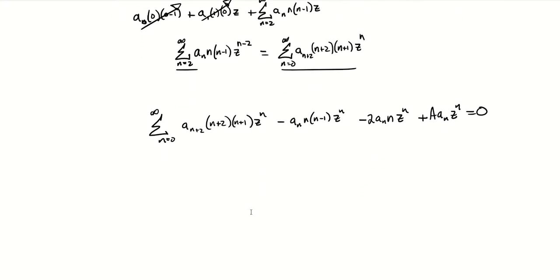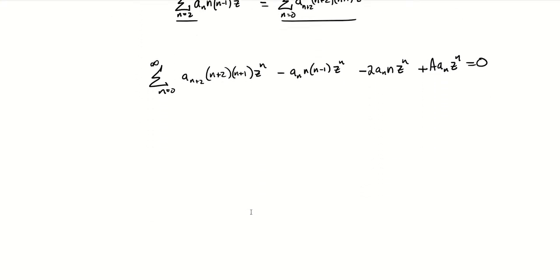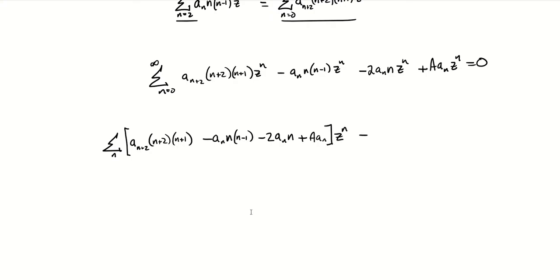If we factor out that z to the n, let me see if I can write this a little neater: the sum over n of [a sub n plus 2 times (n plus 2)(n plus 1), minus a sub n times n times (n minus 1), minus 2 a sub n times n, plus a times a sub n], all multiplied by z to the n, has to be equal to 0.